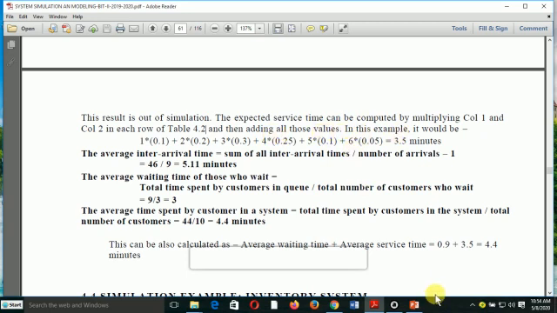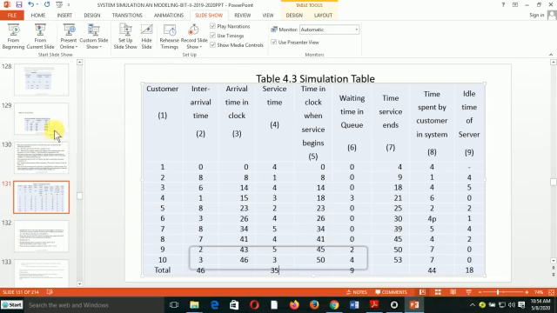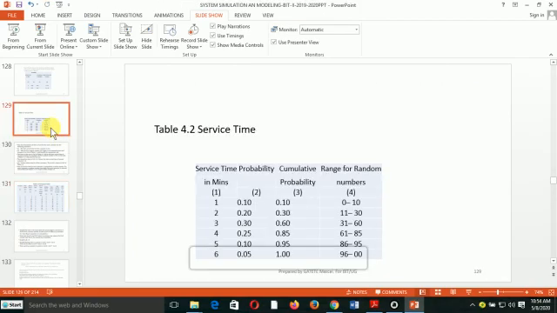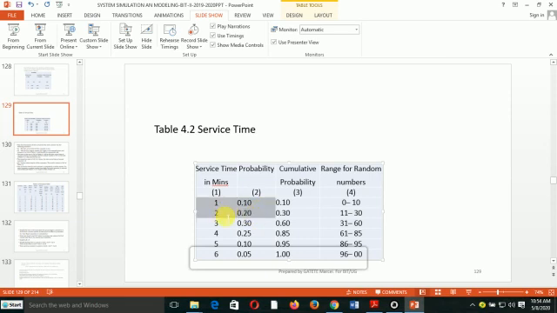For example, here I have table 4.2. This is service time. I take the value of the first column and multiply by the value of the second column. I take the service time in minutes and multiply by the probability, and then the result will be added to the result of the second row till we get to the last service time.